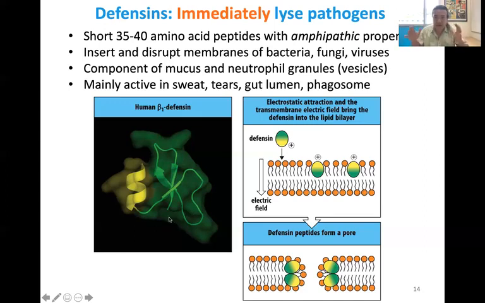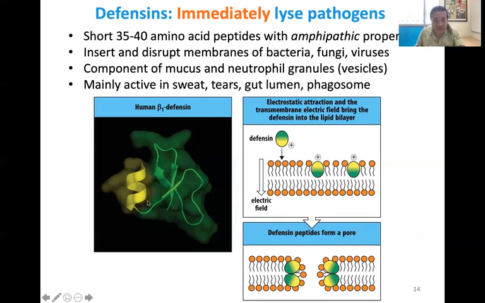So as a result, you get an amphipathic molecule, right? One part of it in yellow is happy to interact with water, so that's the hydrophilic part. The other part in green is the hydrophobic part, right? Water molecules just kind of push it around, but it doesn't really interact.